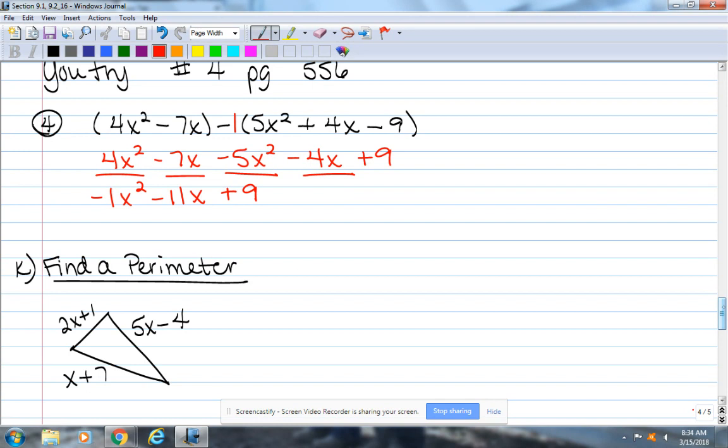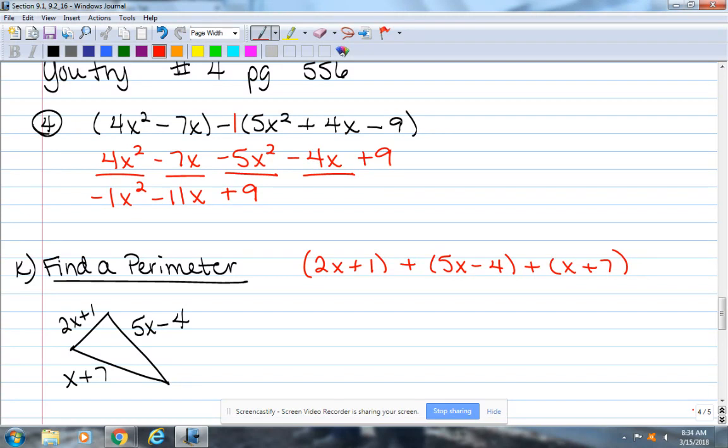So I'm going to write out my binomials. 2x plus 1 plus 5x minus 4 plus x plus 7. Now, if you write yours out in a different order than me, that's okay, because addition is commutative. That means you can reverse the order in which you do it and still get the correct answer. So then I can combine all my x's and combine all my constants, right?